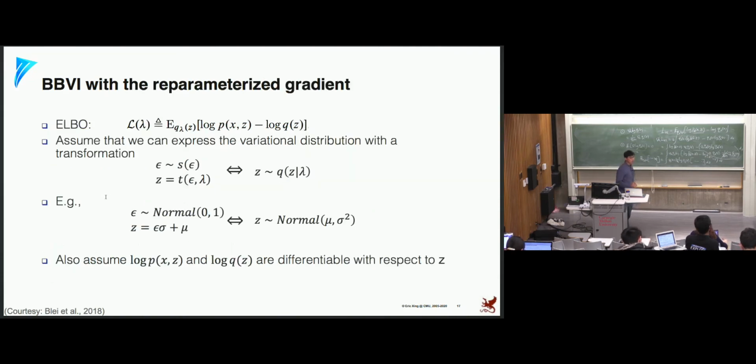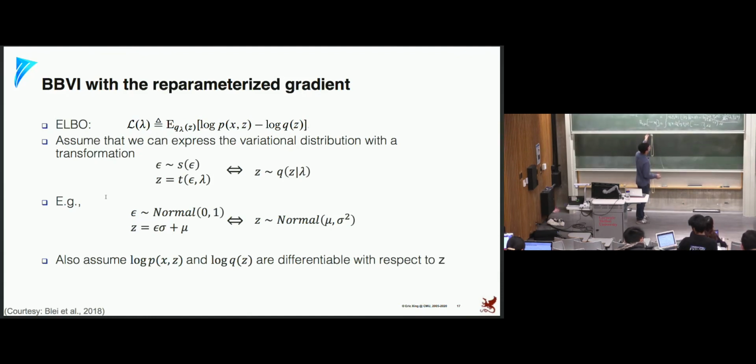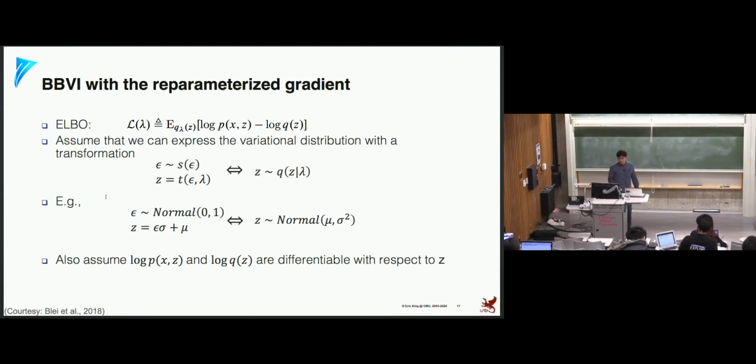So I talked about there are two general ways to estimate this gradient, right? This score function gradient is one thing. And the second thing would be the reparameterized gradient. I don't know if I should go into that. Maybe you should go into that in the VAE lecture. So this is essentially the core idea behind the variational autoencoder.